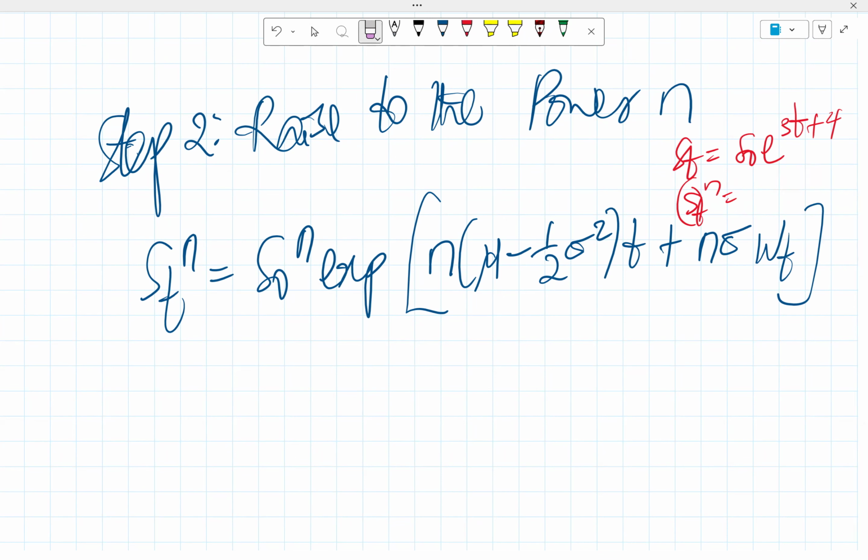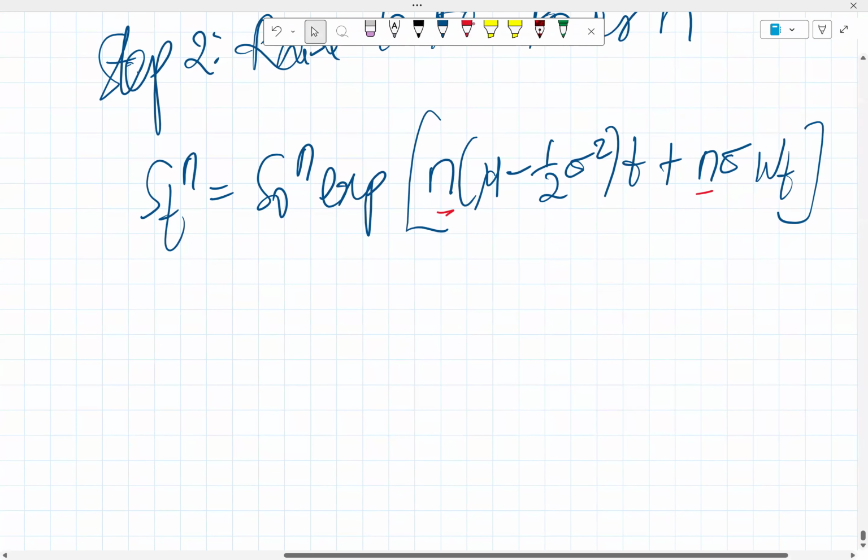So it's going to be S_0^n e^((3t plus 4) multiplied by n), so that you then have S_0^n e^(3tn plus 4n), like that. So that's what is happening there. Because this is heavy to write at the top, just know n is going to affect the exponent like that when we raise it to power n.